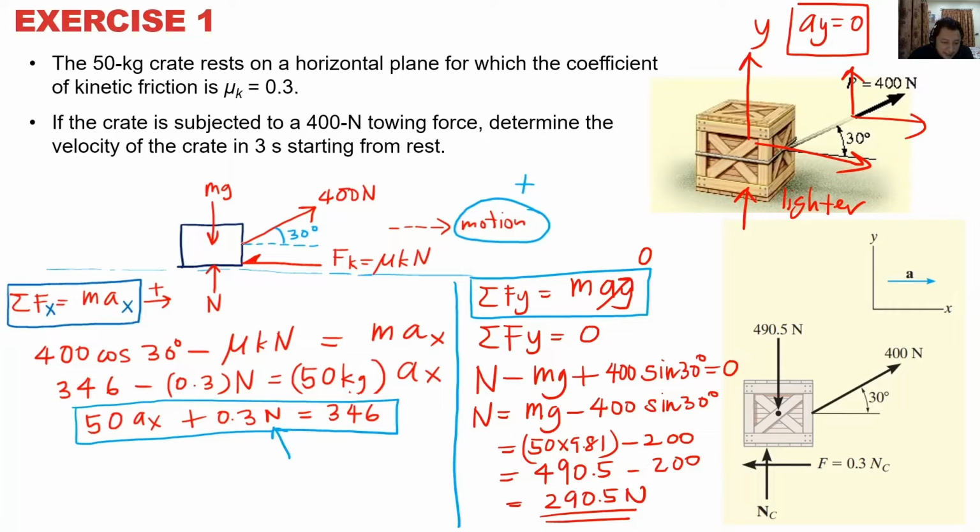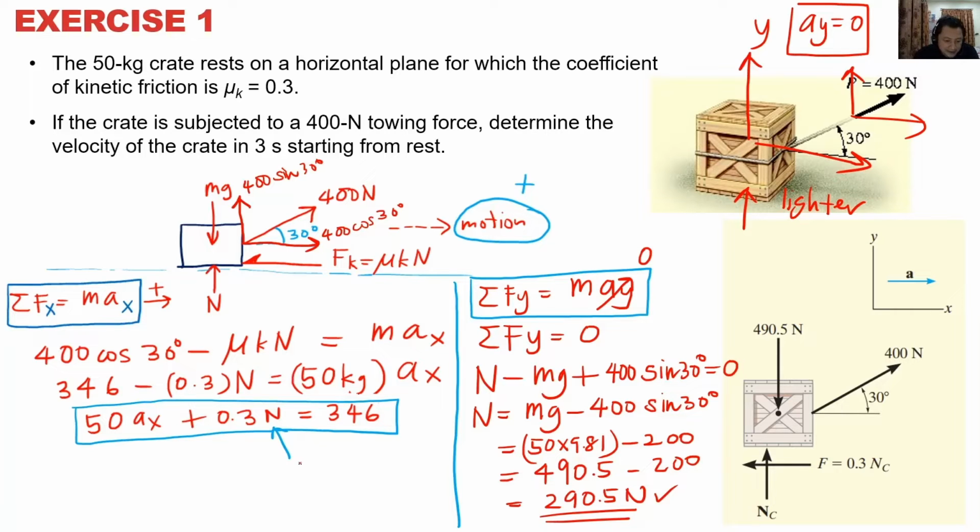One component is like this, the other is like that. This is 400 cos 30 degrees, and this is 400 sine 30 degrees. Because the box is being pulled upwards, our normal is a bit less, so the frictional force is also less.